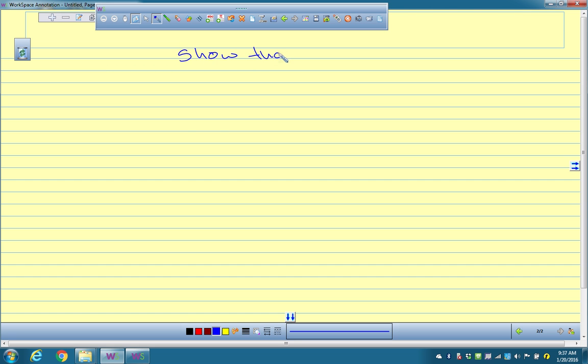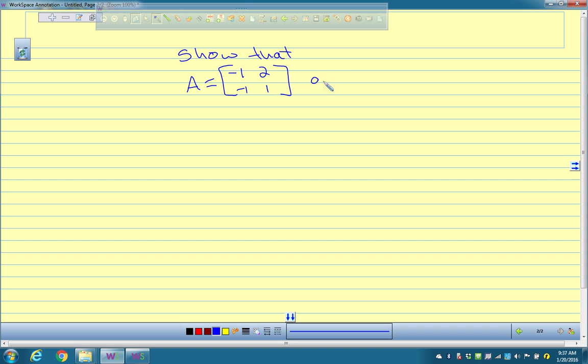So, the first thing you're going to see is something like, we'll start with an easy one. Show that A and B are inverses. A is equal to [-1, 2; -1, 1], and B is [1, -2; 1, -1].